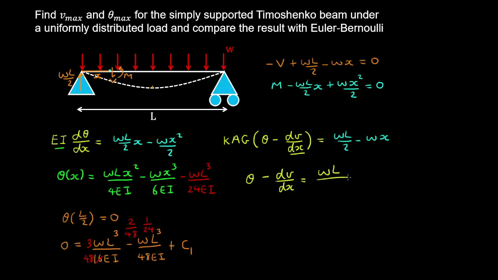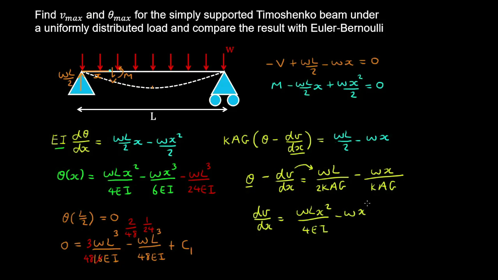So we get WL on 2 kappa Ag minus Wx on kappa Ag. And therefore dV/dx, if we put it on this side, is equal to theta, which is WLx squared on 4EI, minus Wx cubed on 6EI, and then minus WL cubed on 24EI.